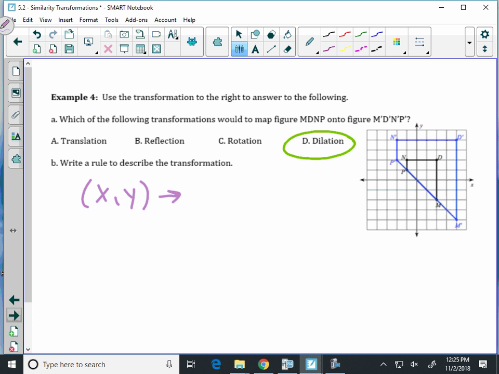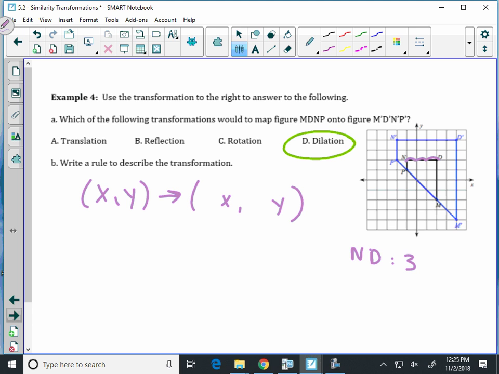So we know we did a dilation, so it's going to be the scale factor x, scale factor y. We just don't know what our scale factor is. To figure that out, look at your pre-image and find a flat side. What's a flat side in our pre-image? ND. And what's the length of ND? 3.